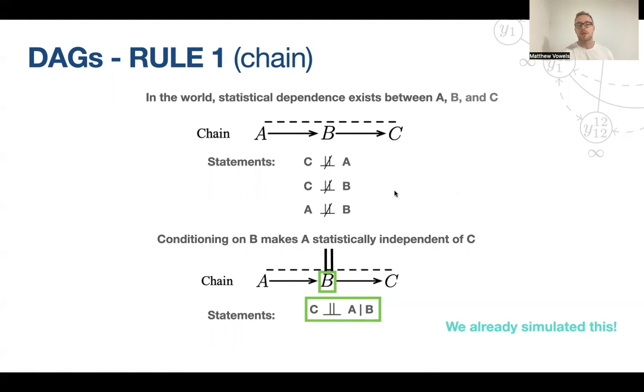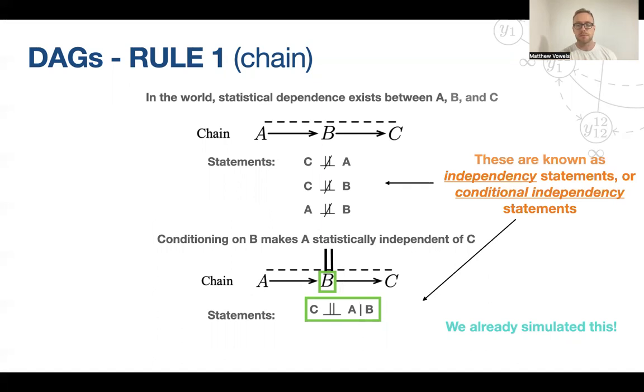So this is the first rule. In other words, for a chain structure where we have A to B to C, or indeed the other way around, C to B to A, we know that all the variables are statistically associated with each other on a pairwise basis. But when we condition on B, we essentially block the statistical flow of information that exists between A and C. So that's the first rule.